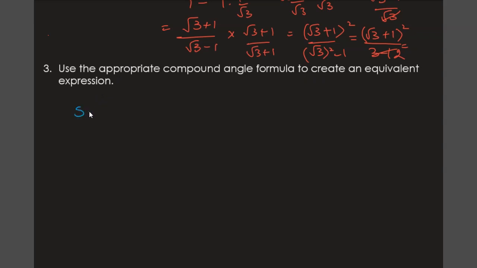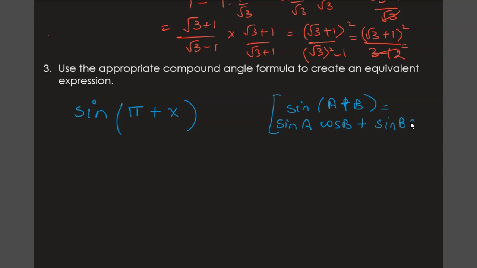For example, if we have sine pi plus x, we know this looks like sine a plus b, and sine a plus b is written as sine a cos b plus sine b cos a. So that is what we're going to be doing here. This is a, this is b. We write it as sine pi cos x plus sine x cos pi.